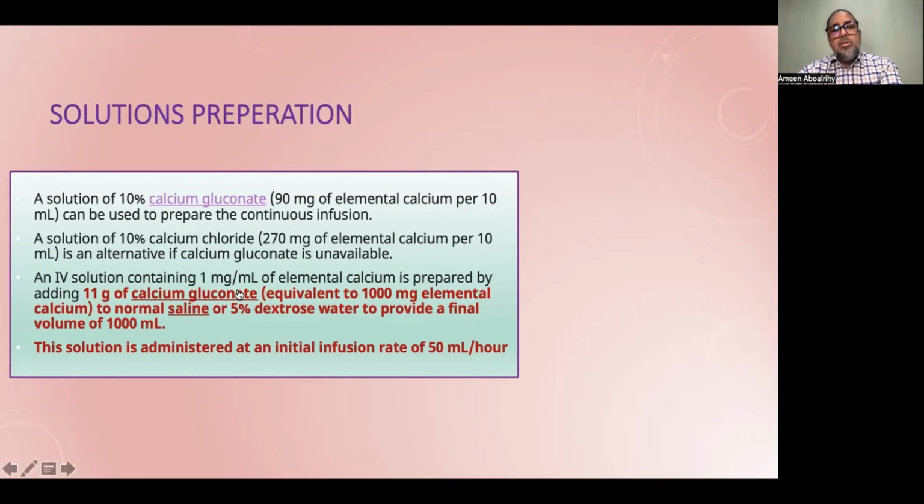When you need to replete hypocalcemic patients, you need to give a good dose of calcium, like 1 gram of elemental calcium. It means that you need 11 grams of calcium gluconate, for instance, and you dilute it in dextrose or saline. With this mixture you're making roughly 1 milligram per ml, so when you give 50 ml, you're giving about 50 milligrams.